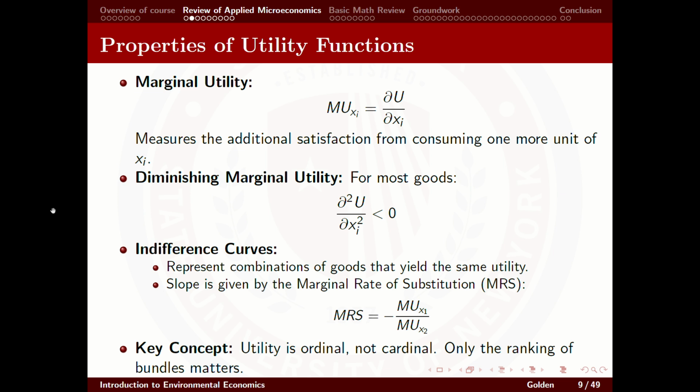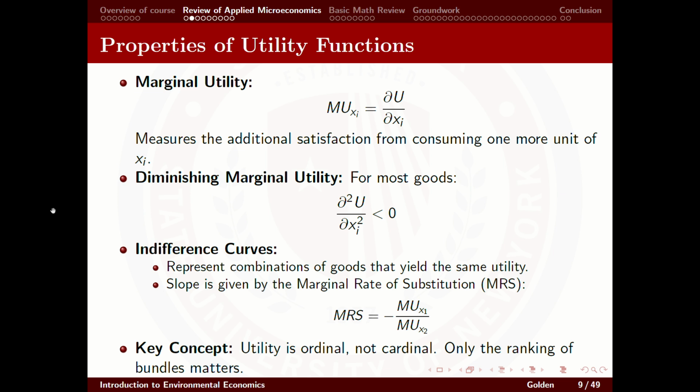For most goods, there's diminishing marginal utility, which means that the second derivative of utility, the derivative of the marginal utility function, is decreasing as you get more of the good. Eventually, at some point, you're like, oh, don't give me more sandwiches. You start off, and I love sandwiches. Sandwiches are great, but eventually you're like, I don't want to eat another hamburger.